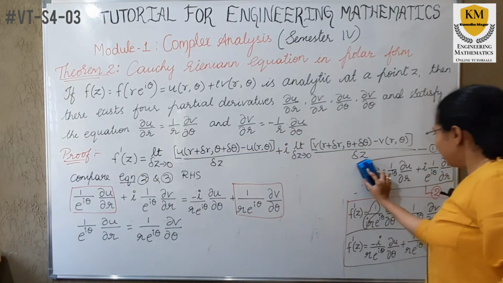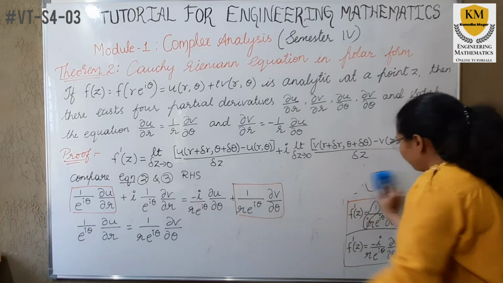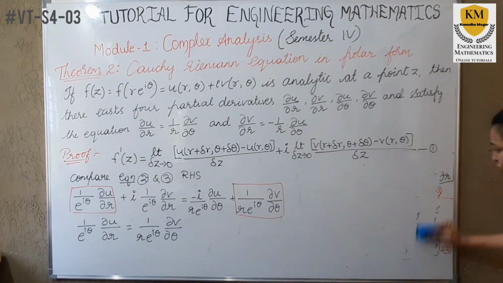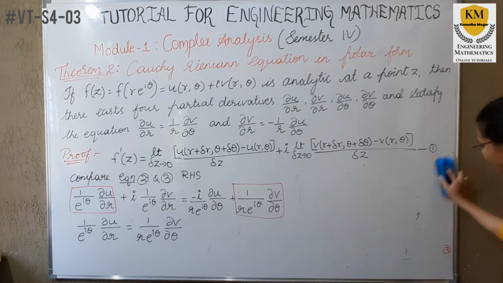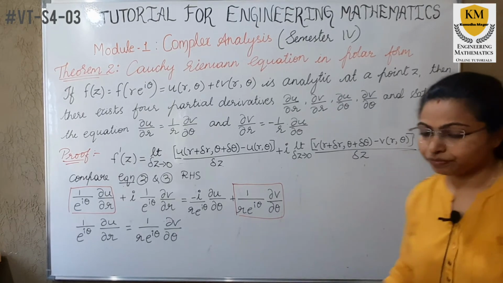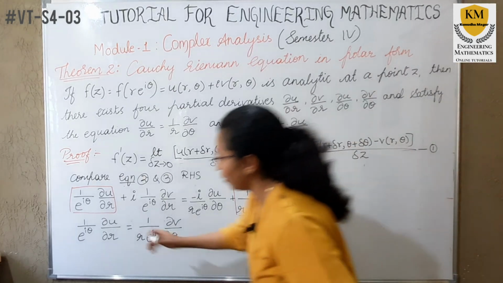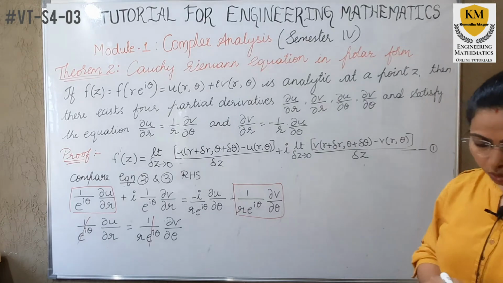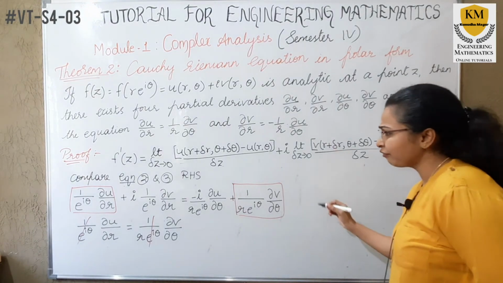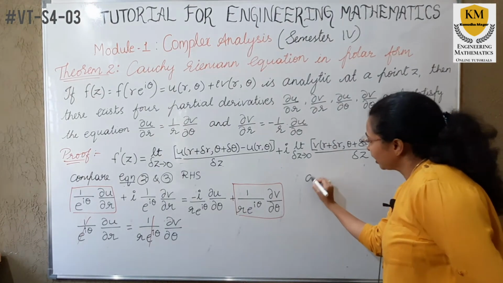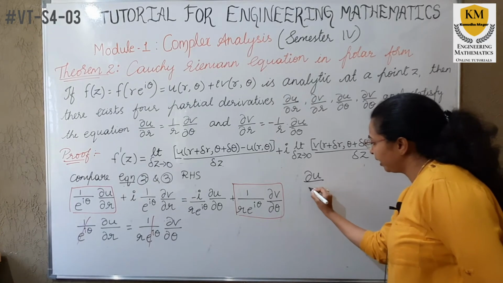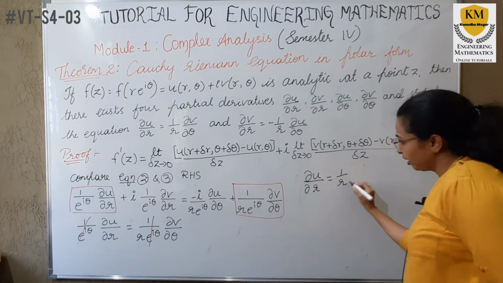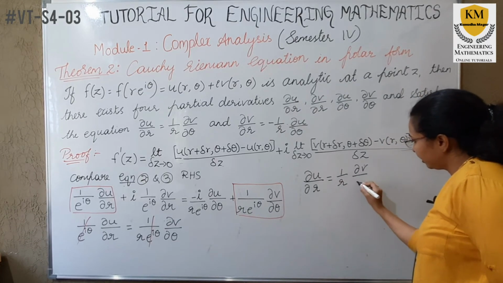Observe very carefully what is common in both LHS and RHS. 1 divided by e to the power i theta is common on both sides. So let me cut down 1 by e to the power i theta. What is left out? You are left with del u by del r is equal to 1 by r del v by del theta.